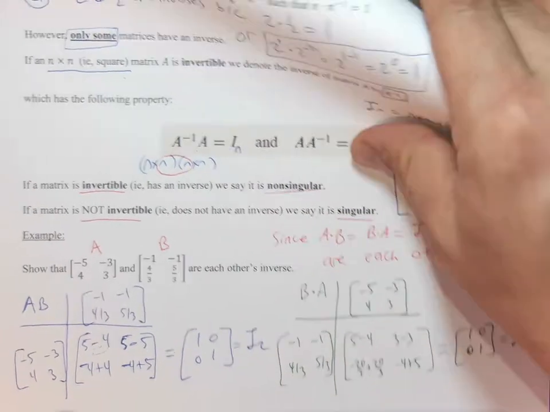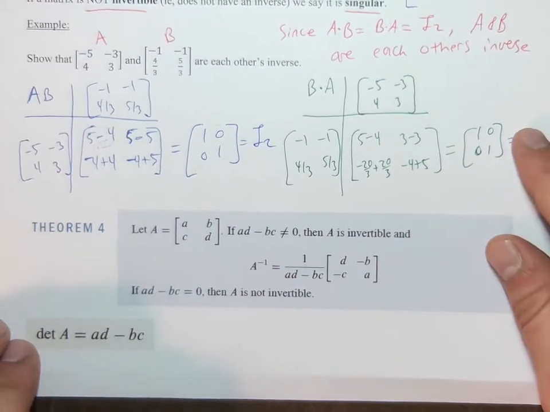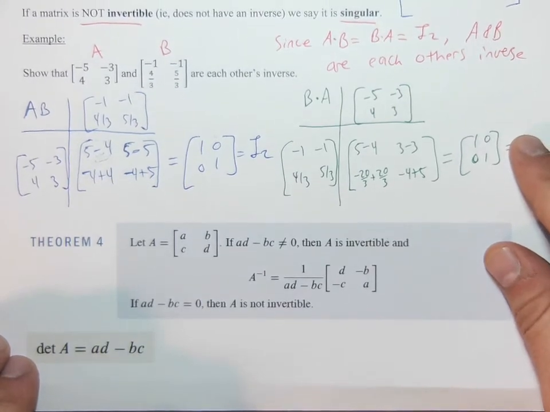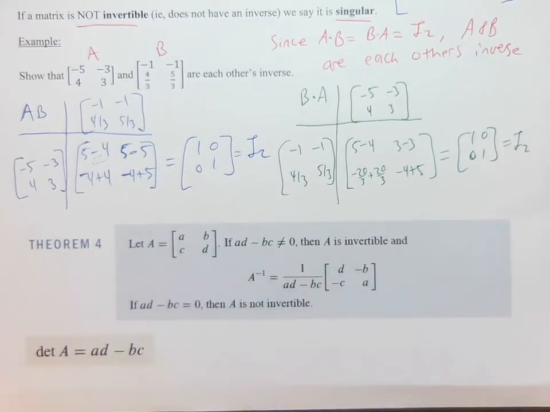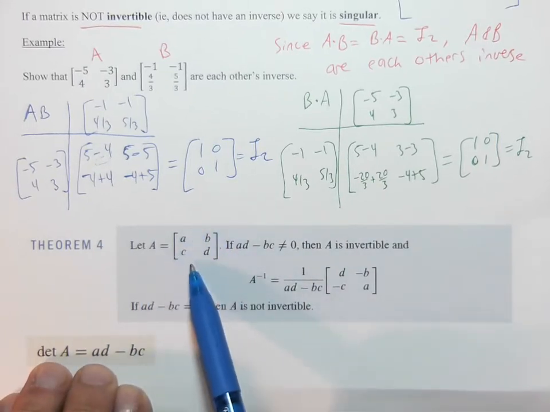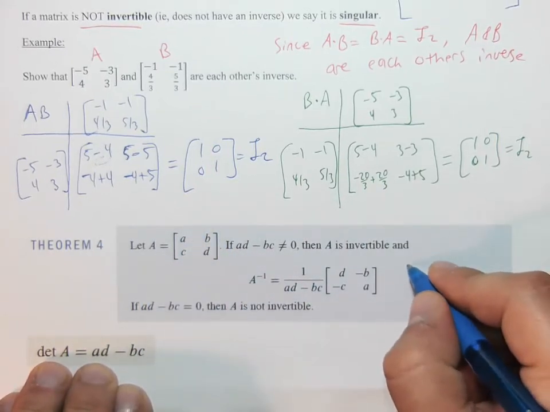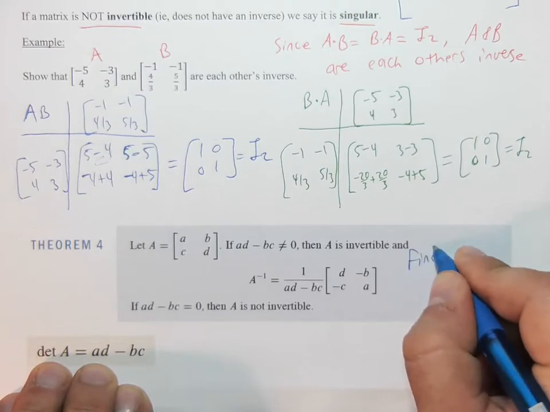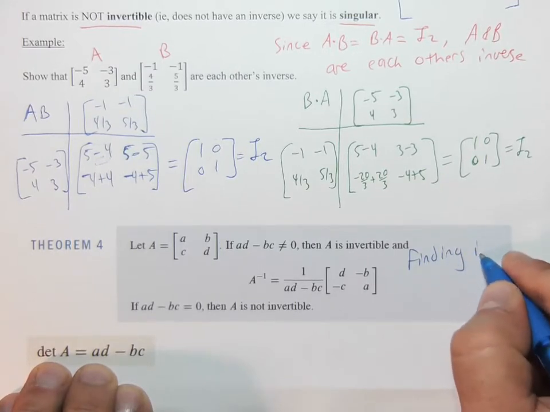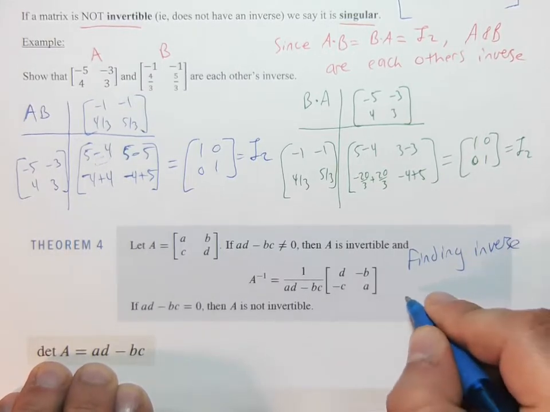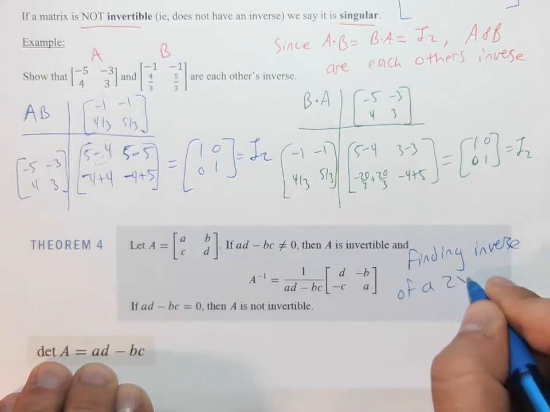So let's do that. Theorem 4 tells us how to find the inverse of specifically size 2 by 2 matrices, right? So let A be [A, B, C, D], and let me just write this down so we're clear. This is how we can find the inverse specifically of a 2 by 2 matrix.